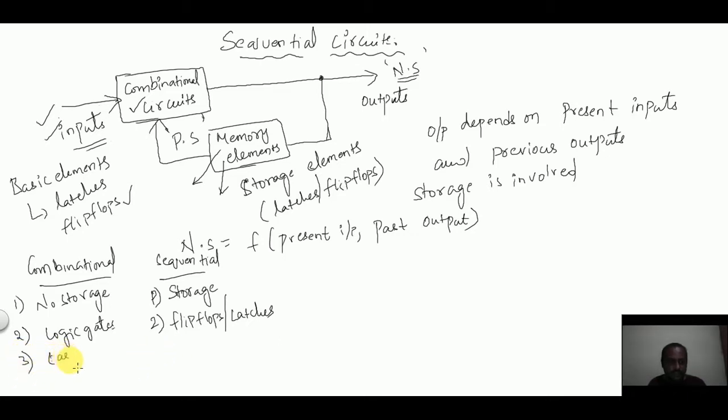Combinational circuits are comparatively easier to design when compared to sequential circuits. Sequential circuits are a little bit harder to design. And since combinational circuits have only logic gates, they are faster in speed, and sequential circuits are slower in speed when compared to combinational circuits.